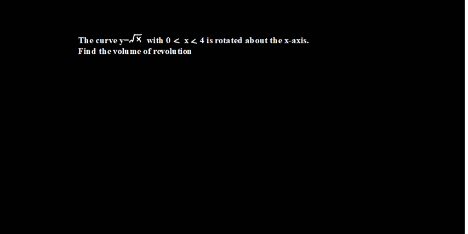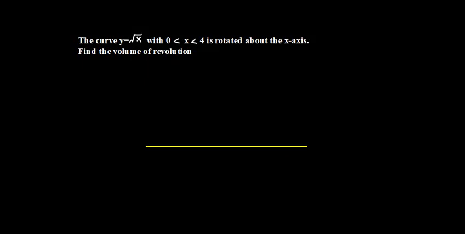So I need to demonstrate this one. So let us have a demonstration. Here is the x-axis and here we have the y-axis. So I can write x-axis and y-axis. That is the y-axis and that one is the x-axis.